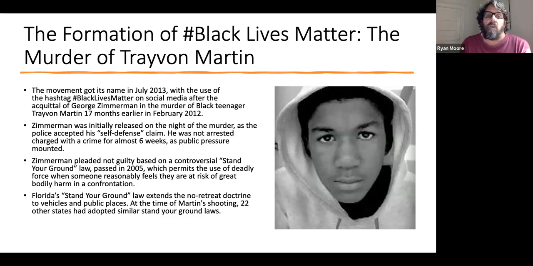So the movement got its name using a hashtag on Twitter and I suppose on Facebook also, after the acquittal of Zimmerman. He had killed Trayvon Martin in February 2012 and was found not guilty in the summer of 2013. And it's his acquittal at trial that basically kicks off this movement.